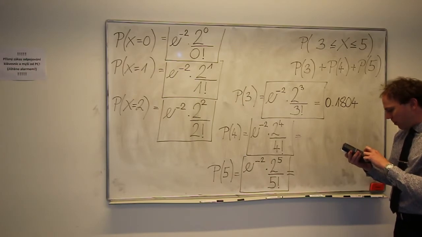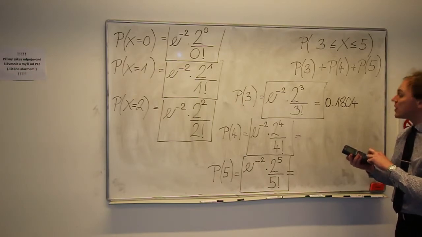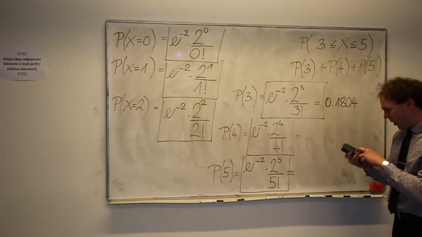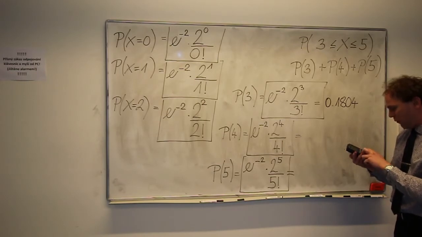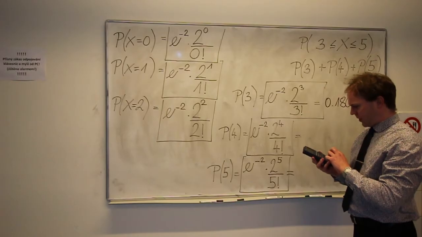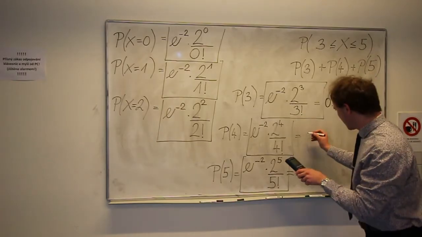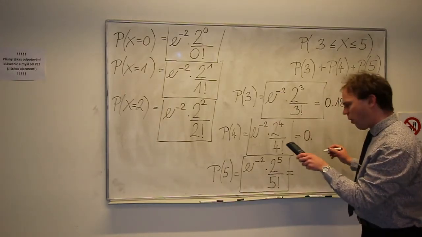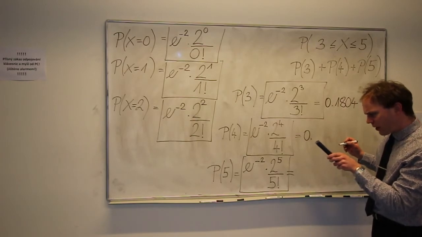Euler powered by minus lambda times 2 powered by 4 divided by 4 factorial is equal to 0.0902.